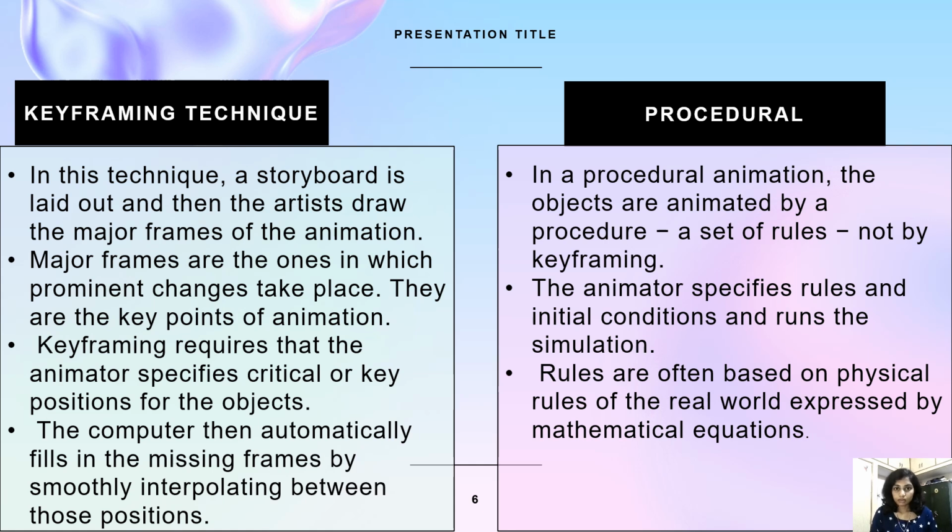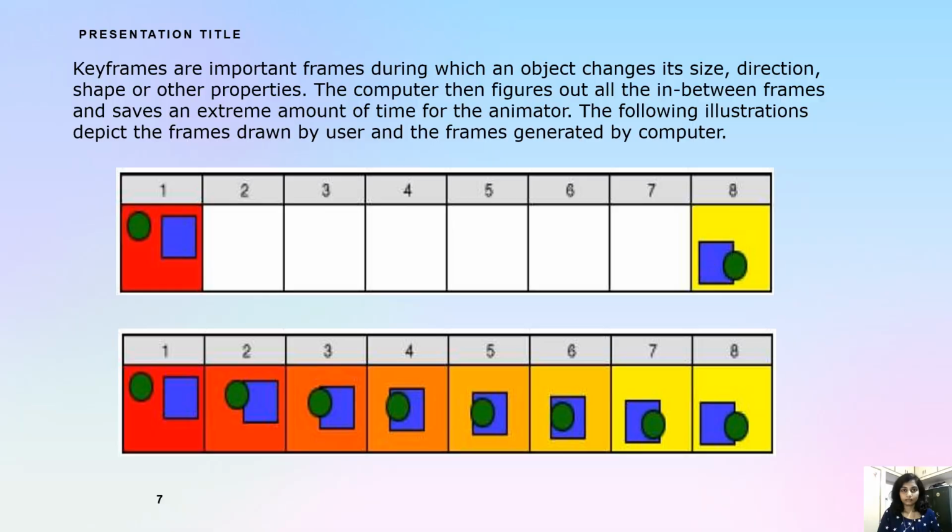Then procedural animation, where the objects are animated by using a procedure, that is a set of rules. The work of an animator here is to specify the rules and the initial condition, and then run the simulation. The rules are often based on the physical rules of the real world, expressed mainly by using mathematical equations.